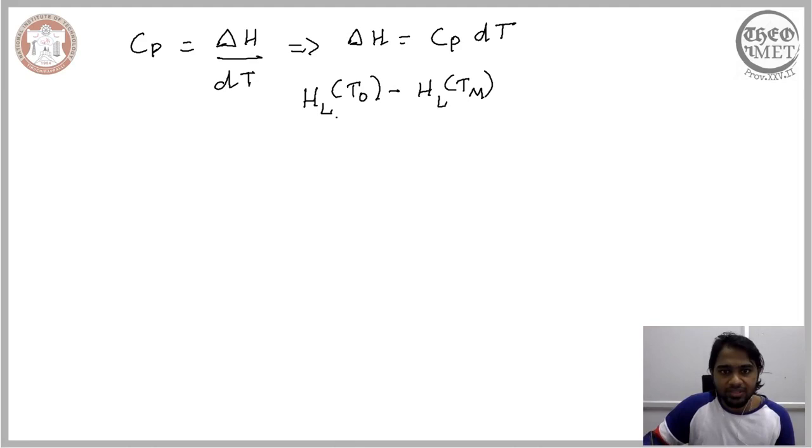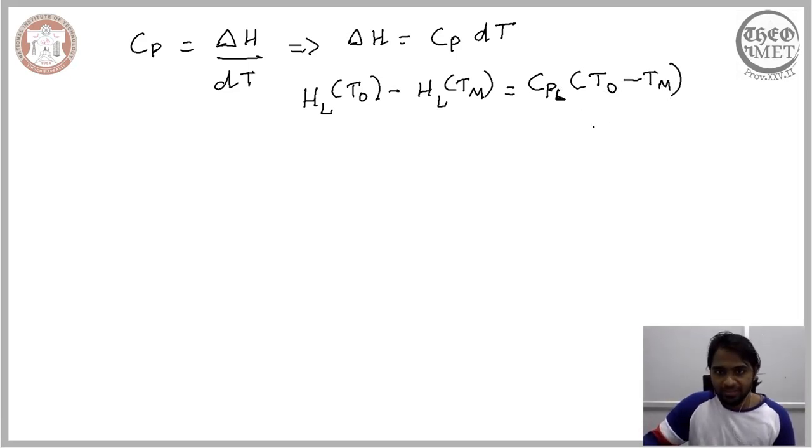So we are considering the enthalpy of liquid at T0 minus enthalpy of the liquid at Tm. This is equal to nothing but the corresponding heat capacity of the liquid, Cpl, and the product of, again, the final temperature T0 and the initial temperature Tm.